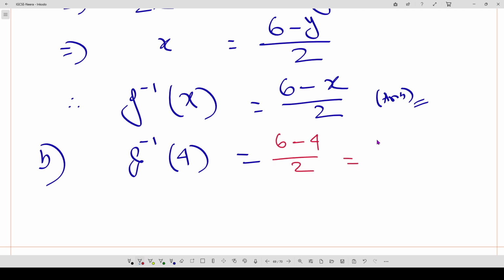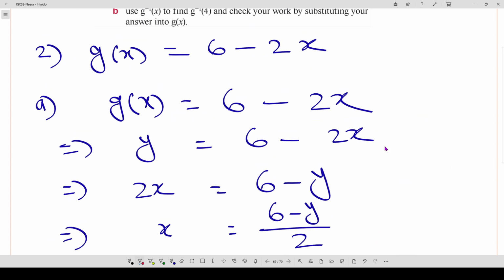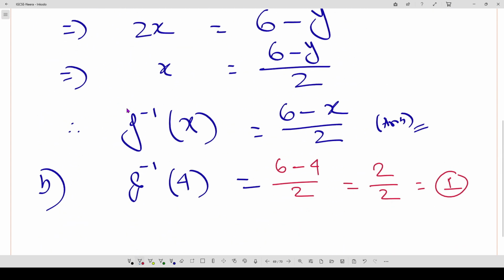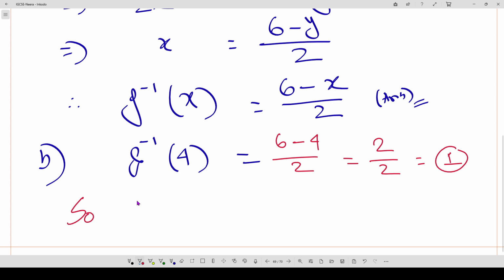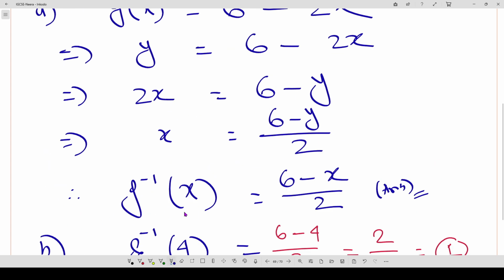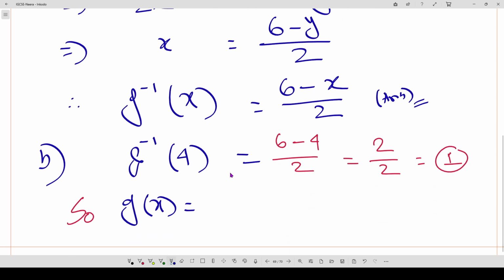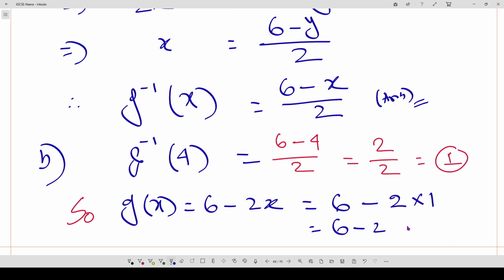It means 6 minus 4 is 2, divided by 2, is 1. So we get 1, and we put this value into g of x. g of x equals 6 minus 2x, so 6 minus 2 times 1, that means 6 minus 2 equals 4, and this is our answer.